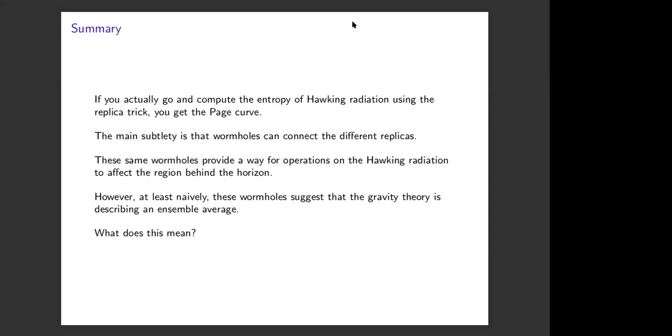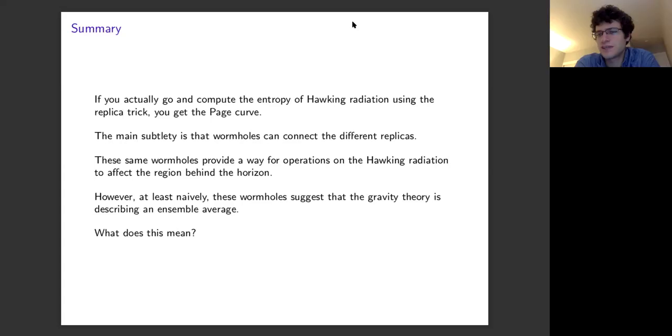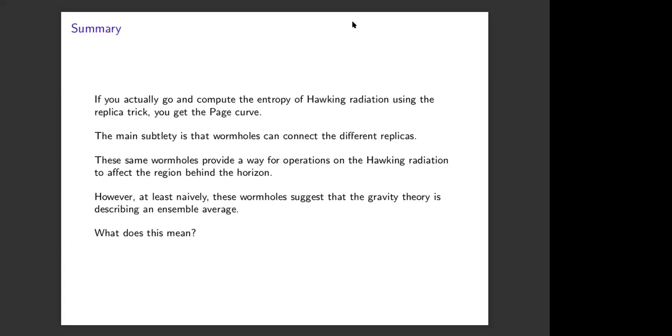That's correct. But it also depends on the complexity of the bulk state. So how complex the correlator needs to be also depends on how complex the bulk state is. I see. And you say that dependence agrees with the dependence you need to compute the entropy of the radiation. It's the same S. It's a very crude estimate, but you need S in both cases.